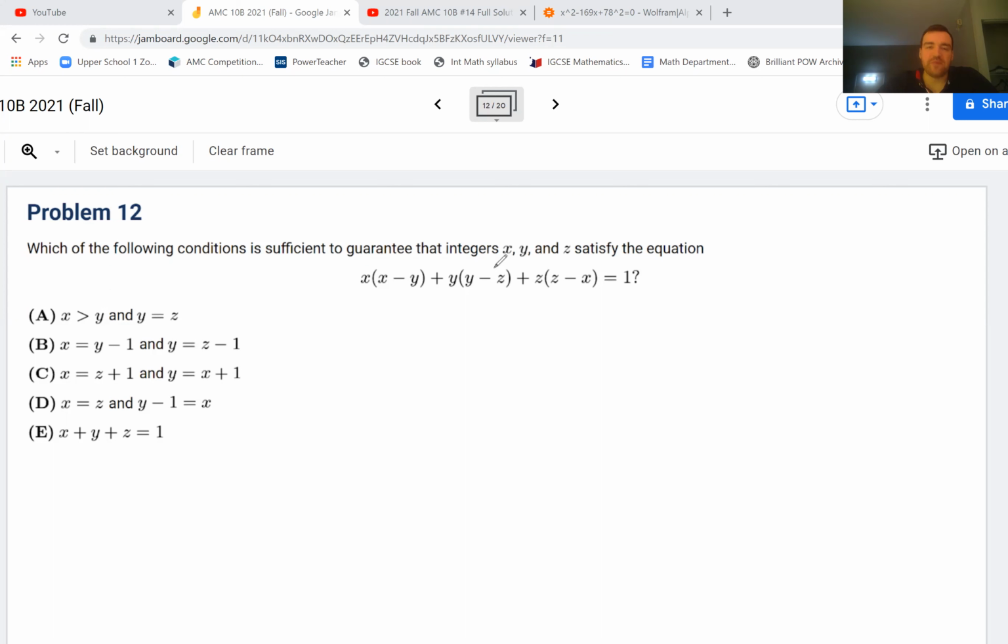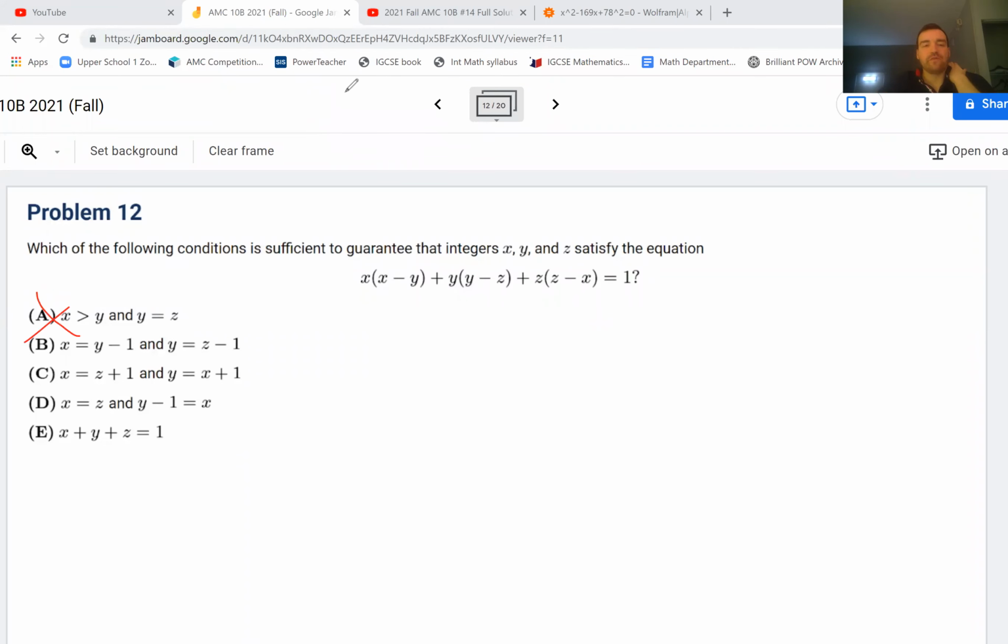Y being equal to z basically just makes the middle part 0, but then all we're left with is |x minus y| plus |z minus x| is 1. There's definitely not enough information to determine that that's true or false. I could come up with a situation where it's true and one where it's false, given these conditions. So they're not sufficient, and we can get rid of A.